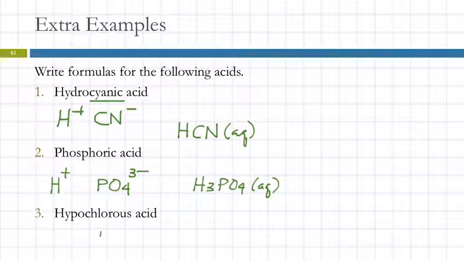The formula for hypochlorite is ClO minus. So what's the formula for the acid? HClO. Because there's a -1 charge, it's going to have 1 hydrogen ion with it. Any questions?